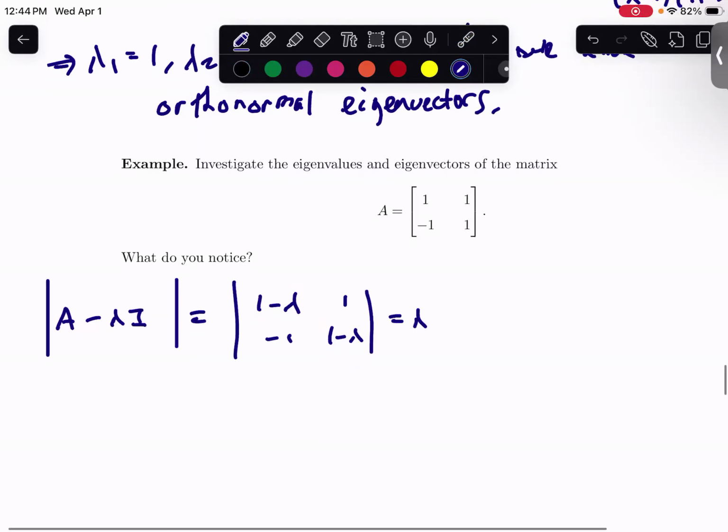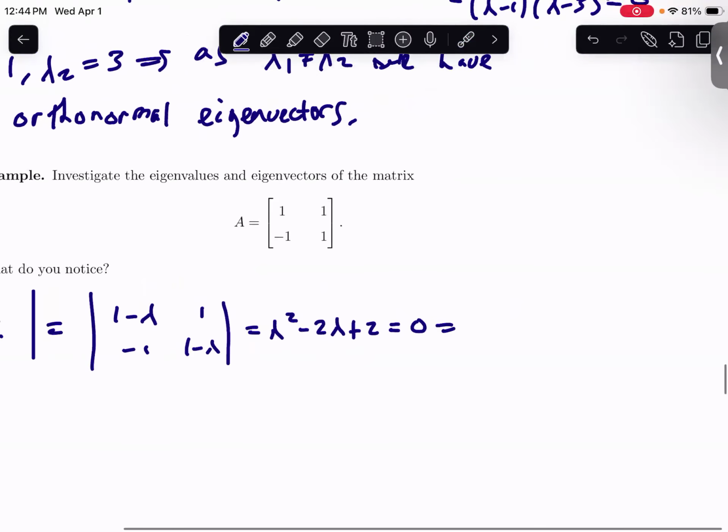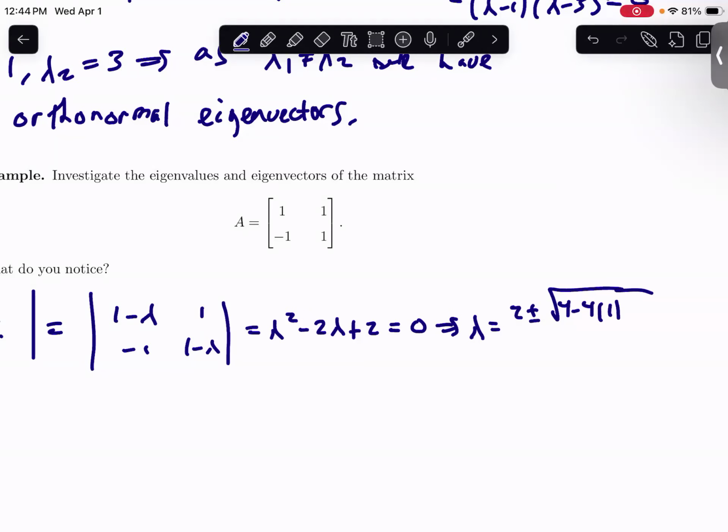It's going to end up being lambda squared minus 2 lambda plus 2. And if I set this equal to 0, you can use the quadratic formula to determine what lambda is going to be. So via the quadratic formula, you get that lambda is equal to 2 plus or minus the square root of 4 minus 4 times 1 times 2, over 2.